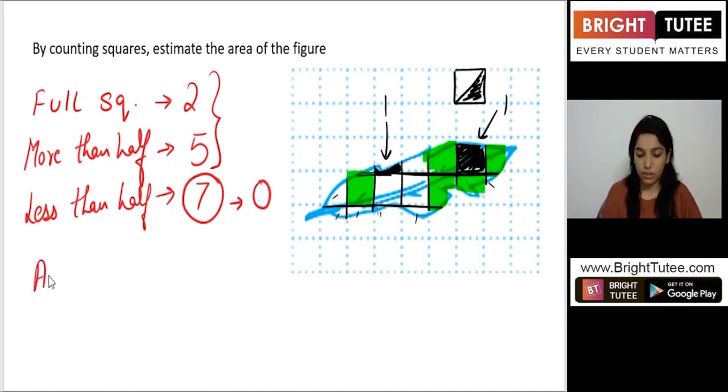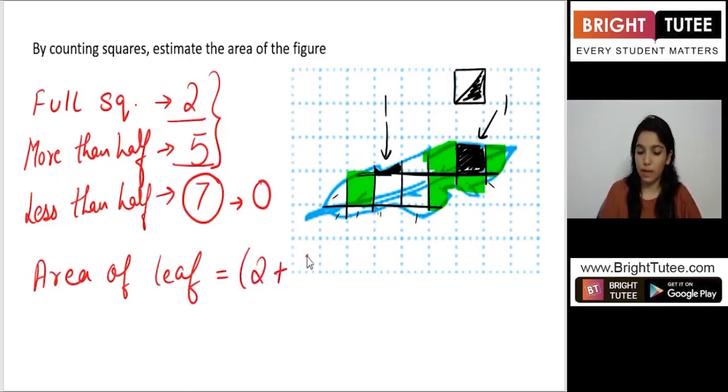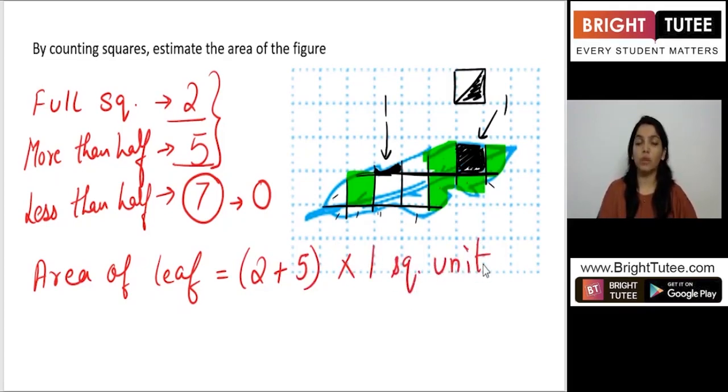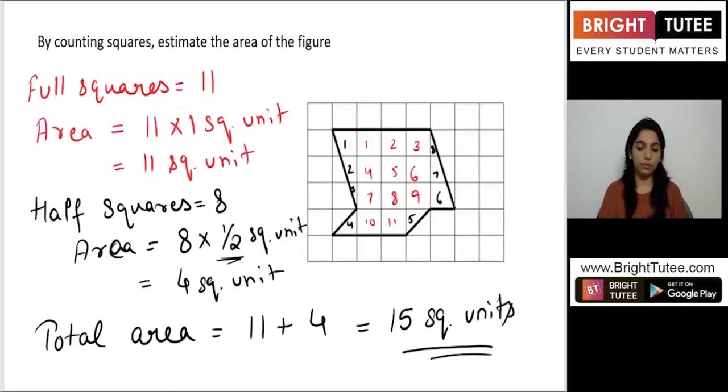So now what is the area of this particular leaf? So area of leaf is equal to, we are going to add these two numbers, that is 2 plus 5 multiplied by 1 square unit. So now we are not considering that here. We were multiplying by half square unit, right?